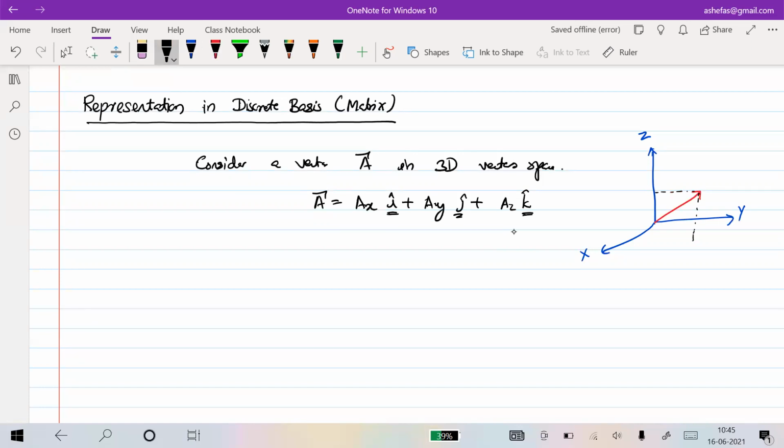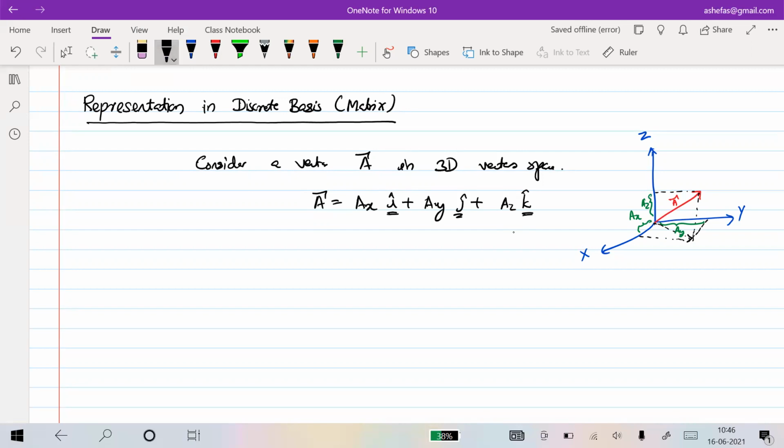If you project it on the XY plane, we'll get a projection like this, and obviously it will have some X component and some Y component. So if this is vector A, this length is the X component of vector A. This is the Y component and this is the Z component. This meaning is very familiar to all of you. In those terms, the components of the vector, we can represent the vector A.